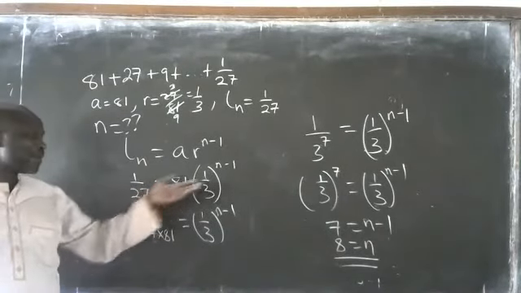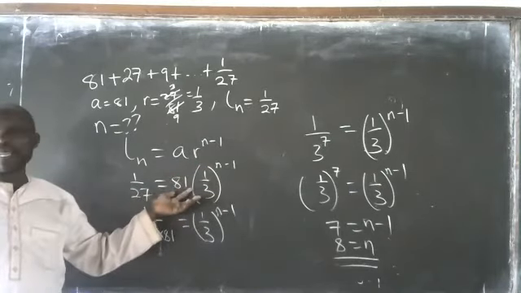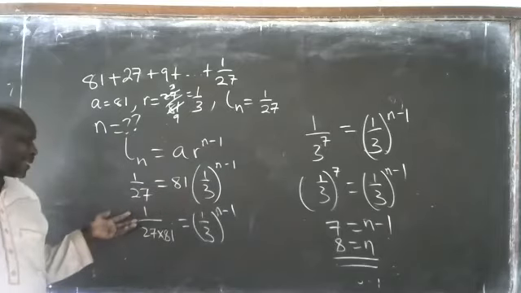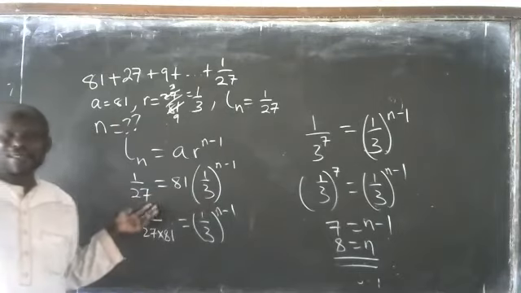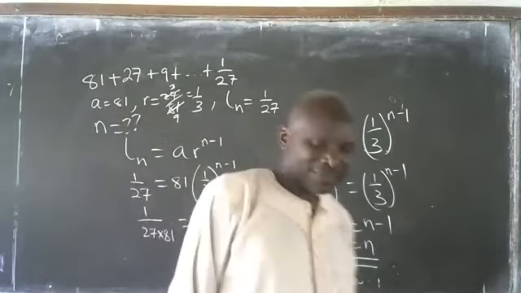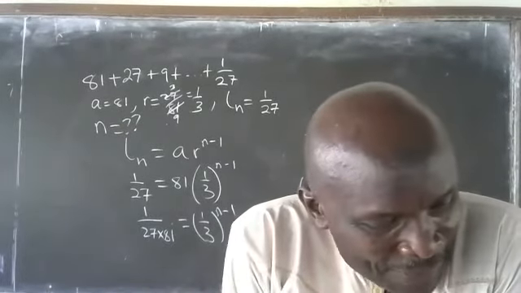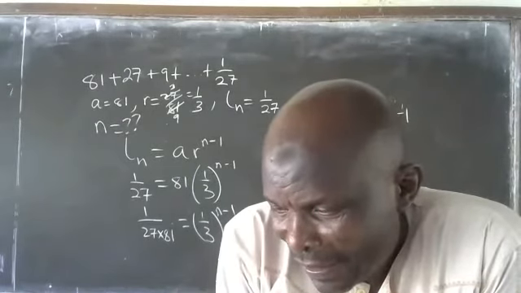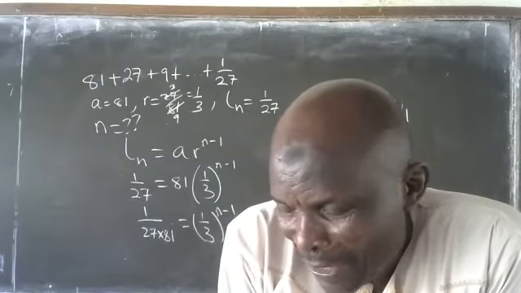If I want to make 1 over 3 power n the subject, I will divide by 81 on both sides. This is what I did. I divided by 81 on both sides. Do you see that? Have I answered your question?